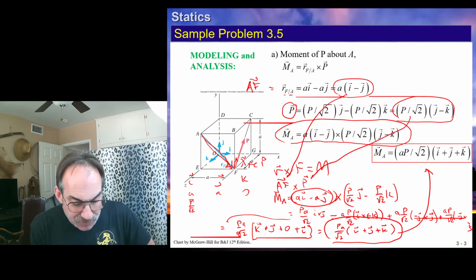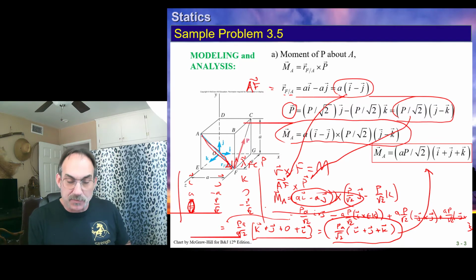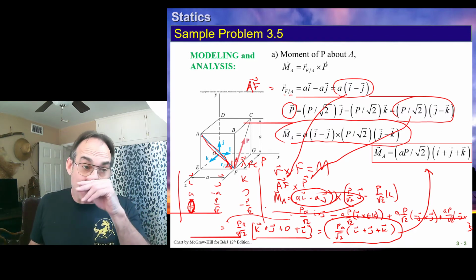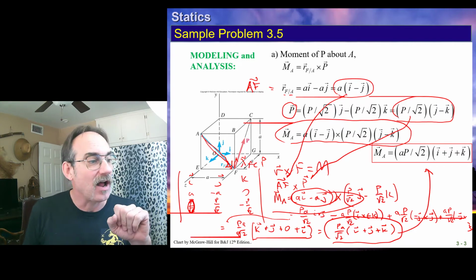Oh, excuse me, there's a 0 here. This is P over square root of 2, and this is minus P over square root of 2. Oh, and this was a minus also for our position vector. We could have formed this determinant and solved that to get through this cross product, if you prefer that method, which is actually better for more complicated problems. So we just validated our cross product.